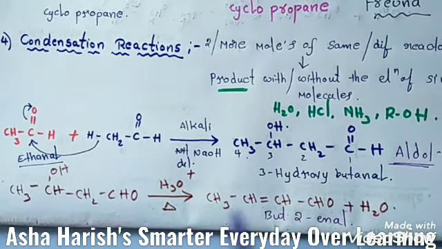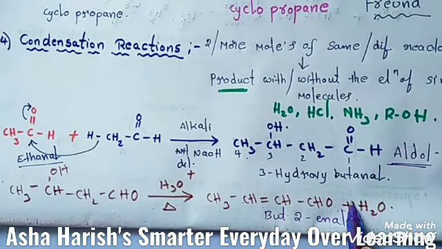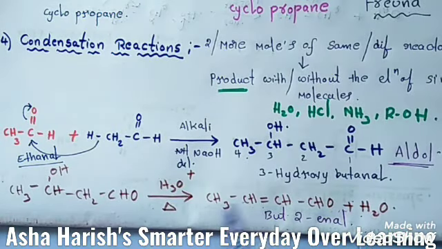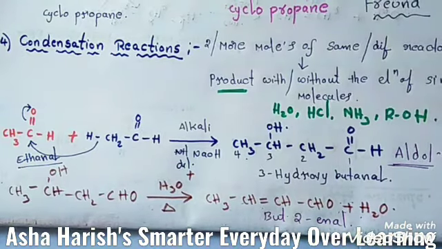Now, an example of a condensation reaction which occurs with the elimination of a molecule of H2O is the reaction between benzaldehyde and aniline to form benzylidene aniline. Let's see that example.